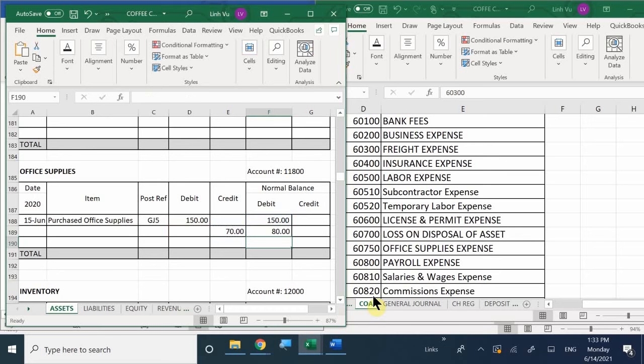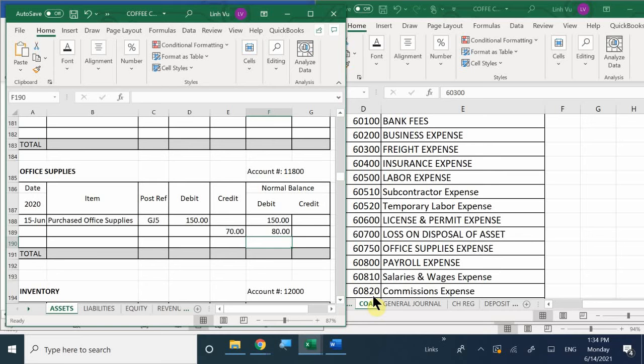Now in this case, how do I represent that I used these office supplies? Which account is going to represent that I used these office supplies? Office supplies expense.